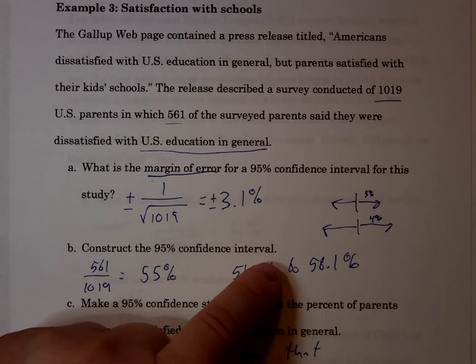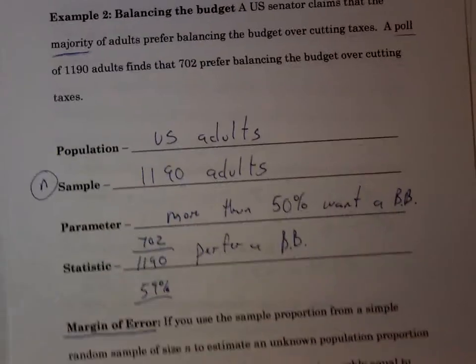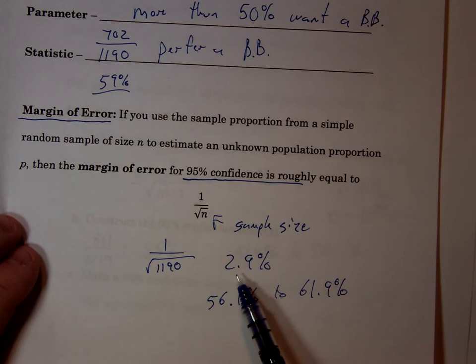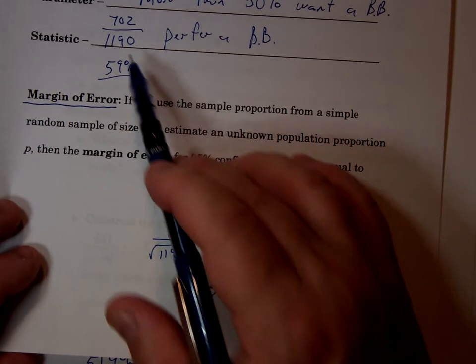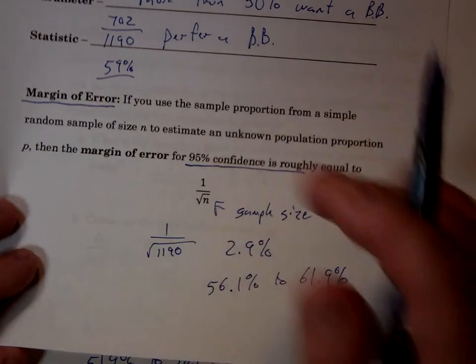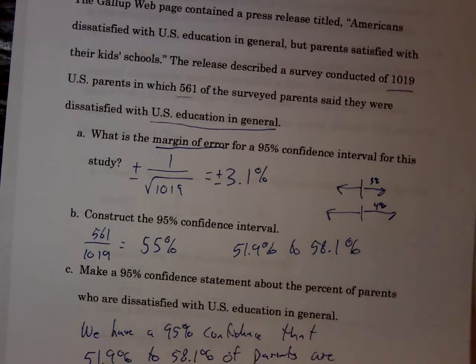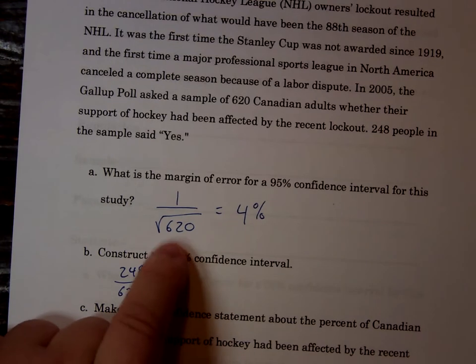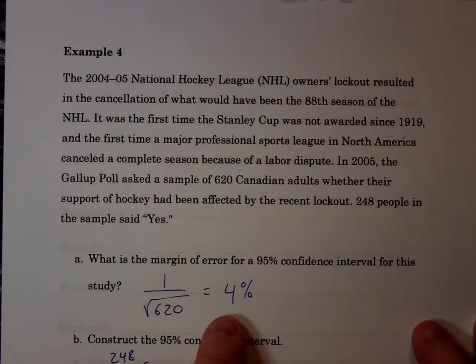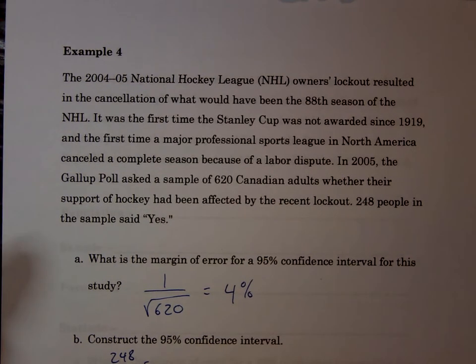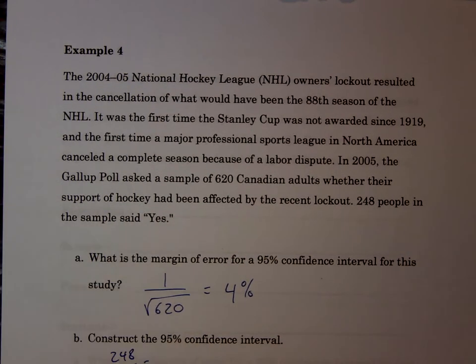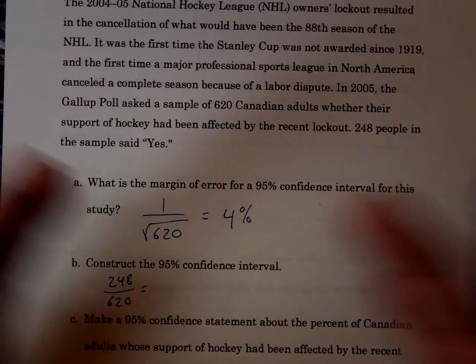The first one we talked about only had a 2.9%, so even smaller. And if you look at our sample size, 1190 is bigger than the 1019, which is bigger than the 620. So when you reduce your sample size, you are actually increasing the margin of error. The bigger the sample, the smaller the window, the margin of error, is going to be. It's going to tighten up that window.